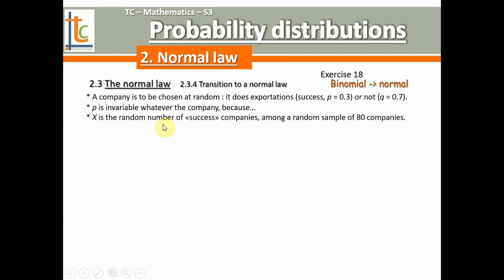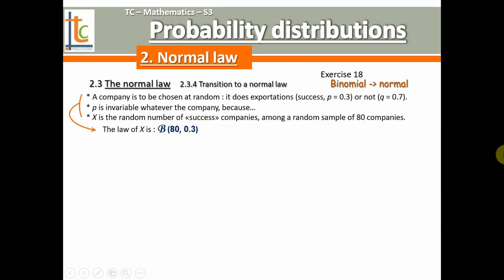So you are counting successes thanks to the variable X, and that's exactly what you need in order to talk about hypergeometric or binomial distribution. So this way, with a p-value that is constant, you go to a binomial distribution. And more precisely, the number of draws is 80, and the probability of success is 0.3.